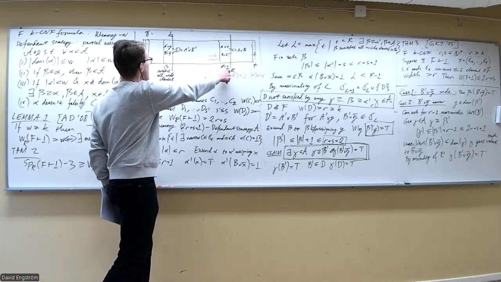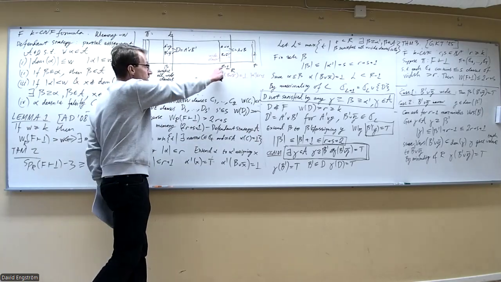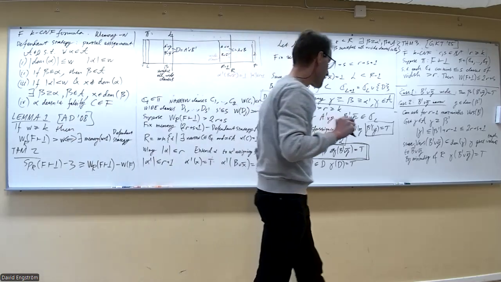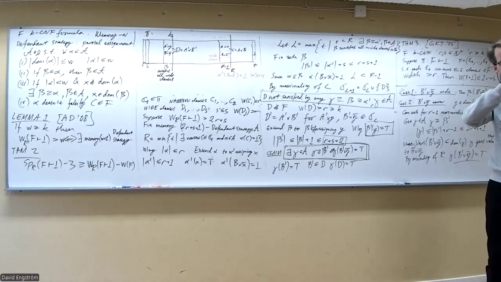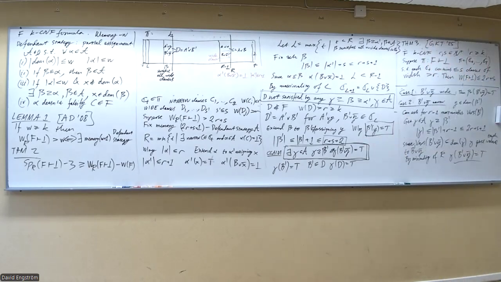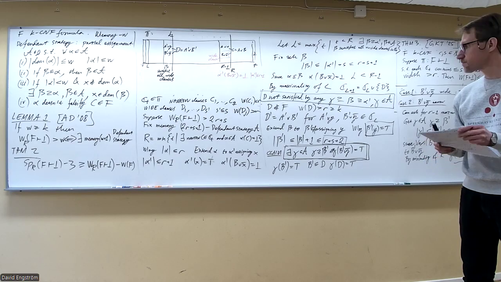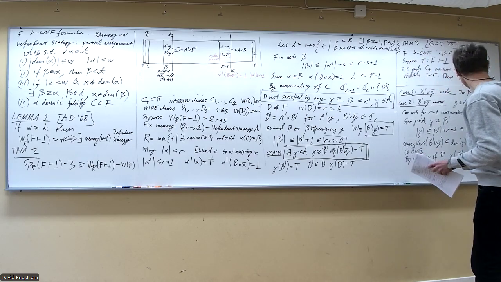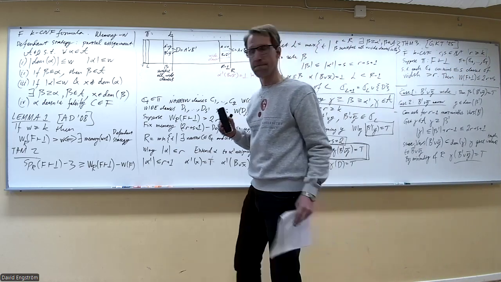This happened for the first time here, but now we're here. So by the minimality of R, gamma has no choice but to set this clause to true. And that again leads to a contradiction. Done.